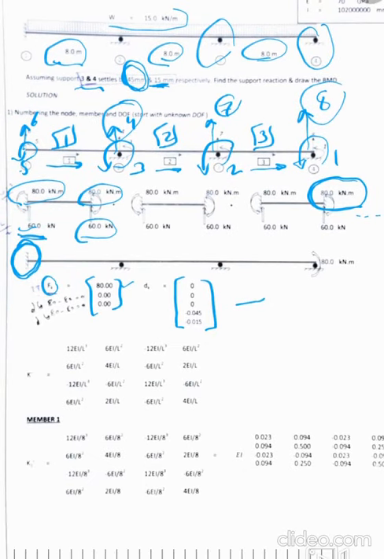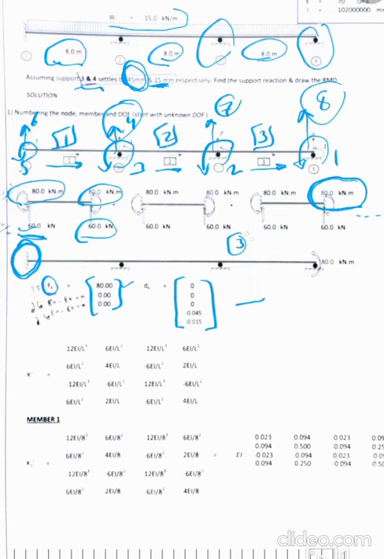But now this node, sorry, actually it's node number 3, is located between two members.